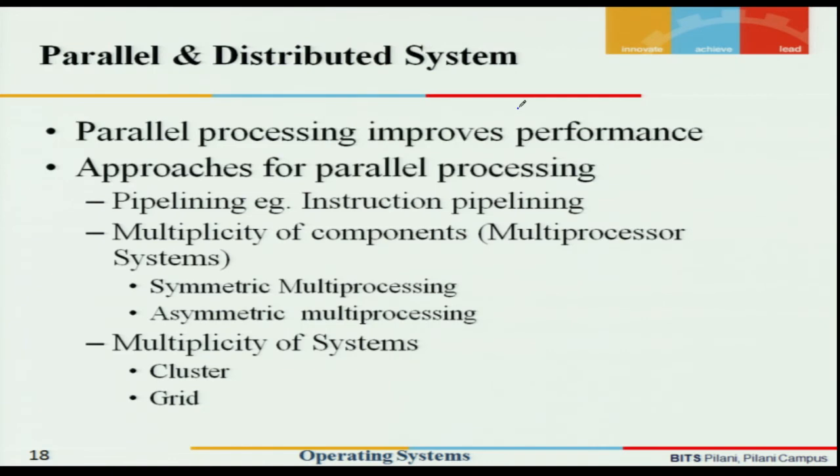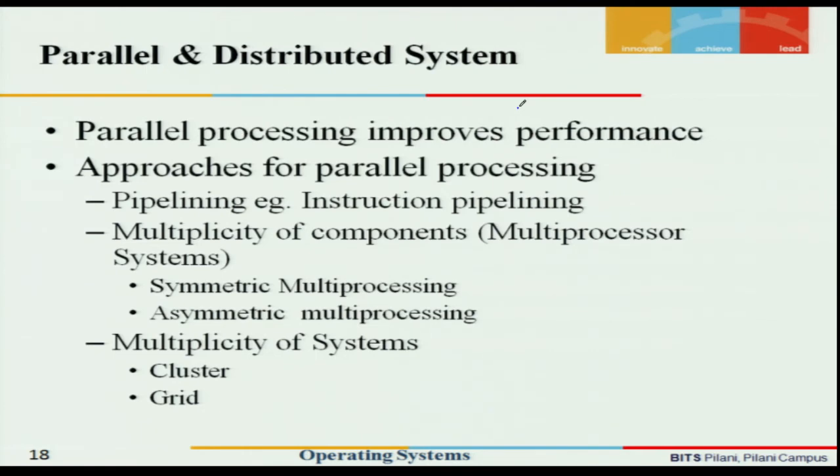This kind of thinking led to two different kinds of multiprocessor systems, termed symmetric multiprocessing and asymmetric multiprocessing. We will see what symmetric and asymmetric multiprocessing are shortly.